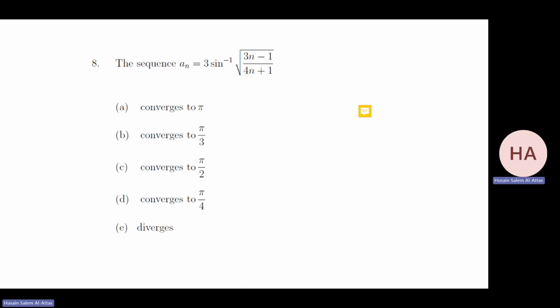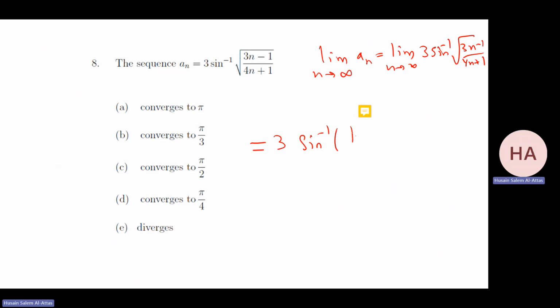This one, yeah, it's an easy one. I just take the limit inside. It's 3 sine inverse of the square root of (3n minus 1) over (4n plus 1). So that will be 3 sine inverse of the square root of this limit, since sine inverse and square root are continuous in their domain.